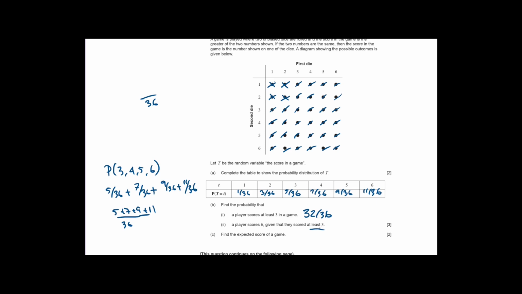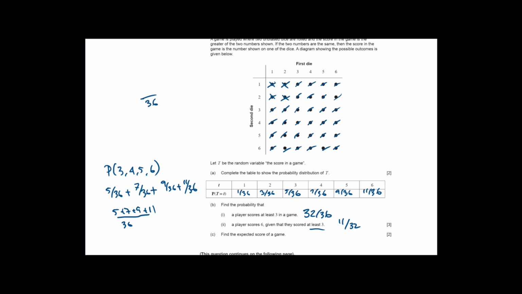Oh, given they scored at least 3, okay. So out of that 32 over 36, how many of those 32 are 6? So there's 11 where you scored 6 out of 32.